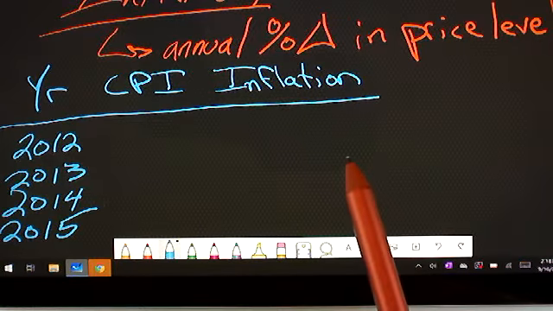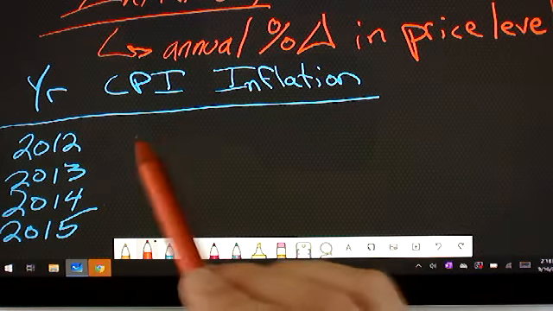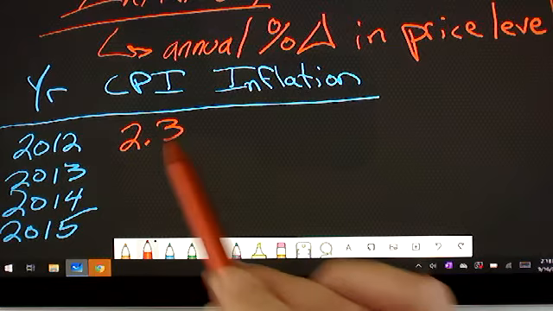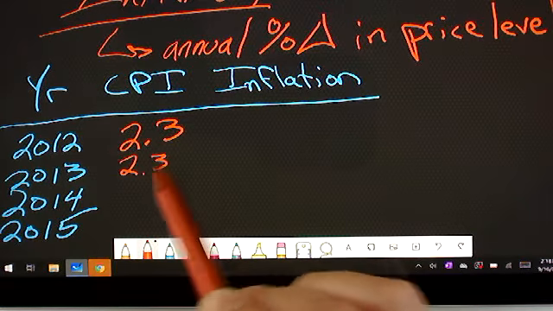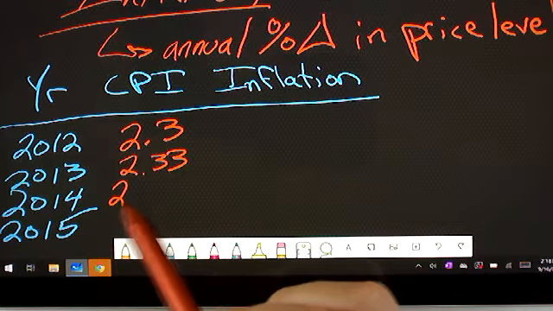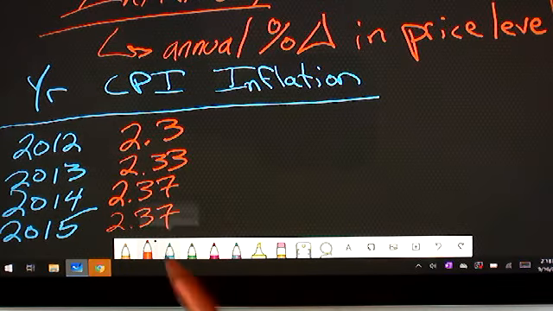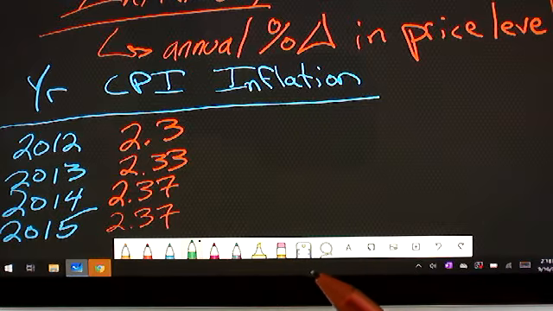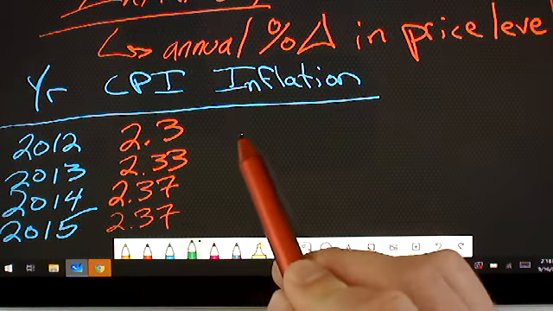The CPI in 2012, this is probably 2000 honestly, because it's going all the way back, I think the CPI there is 2.3. CPI in 2013 is 2.33. 2014 is 2.37. 2015 is 2.37. So how do we calculate these inflations from these CPIs? Here's where we use new minus old over old.